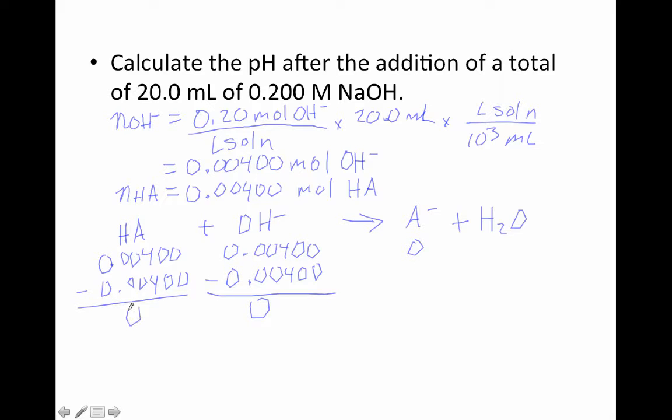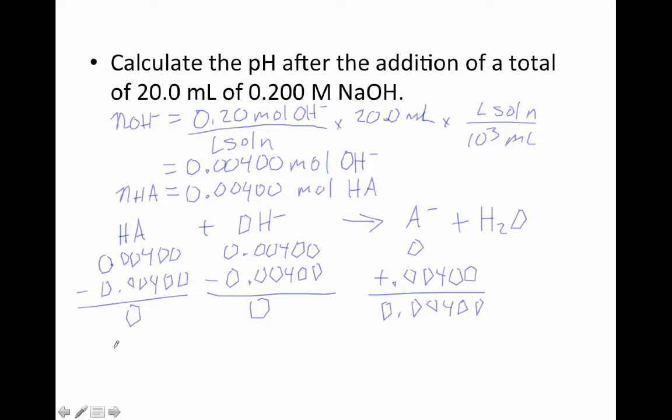We have no benzoic acid left, and we have 0.00400 moles of benzoate, and lots of water. We also have our spectator ion sodium present in the solution, so we have a charge balance. At this point in the titration, all we have in the Erlenmeyer flask is sodium benzoate.